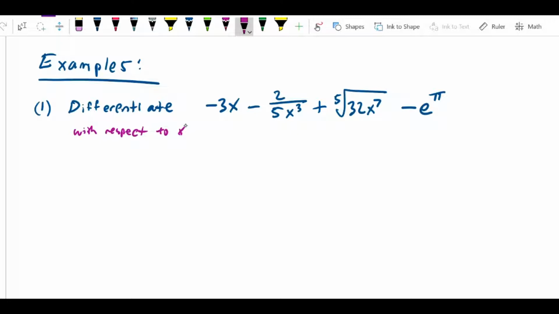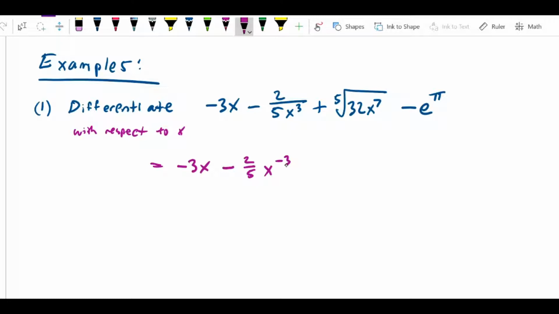So first thing I want to do is rewrite everything here as a power, because then I can apply the rules more cleanly. So this is going to be negative 3x minus 2/5 x to the negative 3.